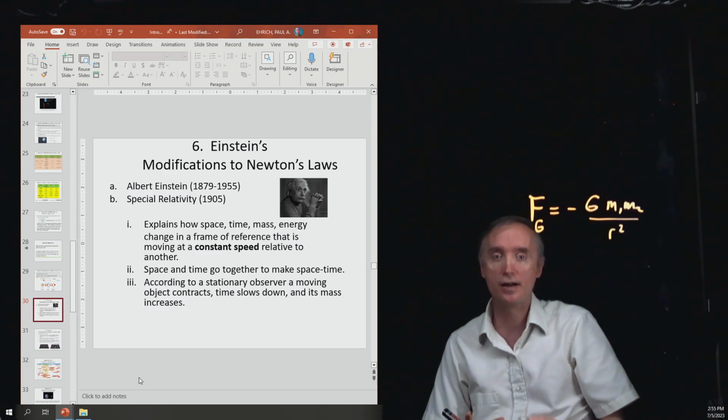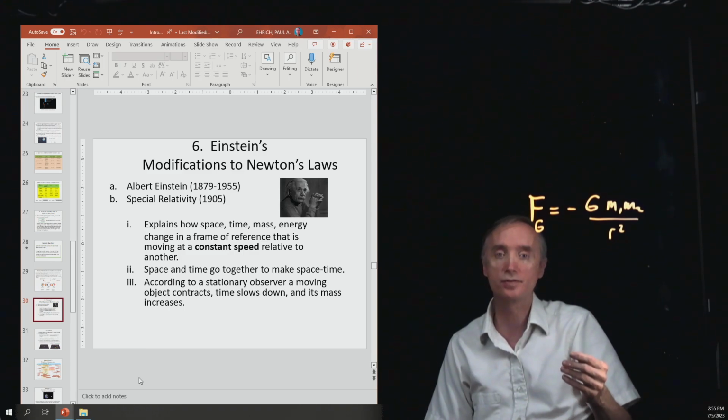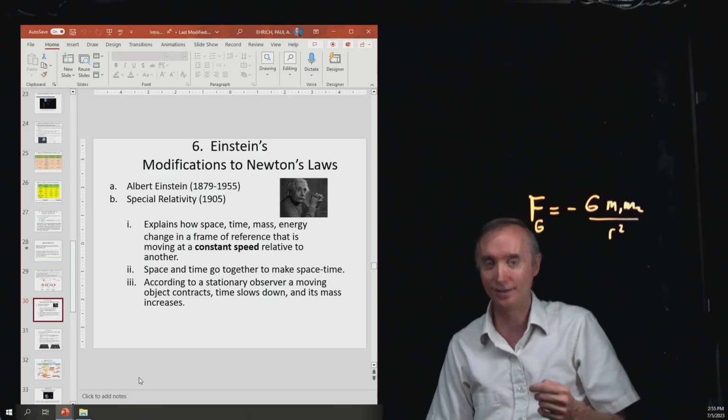Well, it turns out that this is really not the correct way of viewing the universe. The correct way is by using the concepts of relativity as proposed by Albert Einstein. So you can see Albert Einstein comes up with his special theory of relativity in 1905.